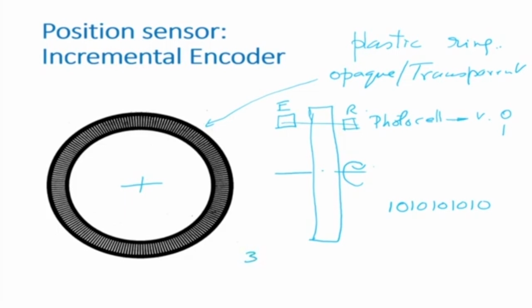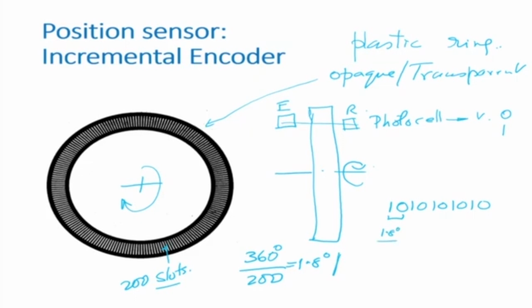Now, there are 360 degrees for one full rotation, and suppose there are 200 cuts, 200 slots. Then your resolution is about 1.8 degrees between slots. So between any two opaque lines or any two transparent lines, the distance is 1.8 degrees, which is not much. So between here and here, it is 1.8 degrees.